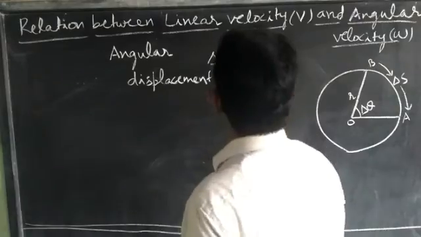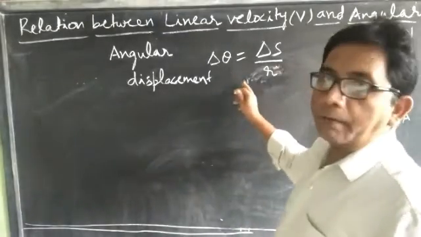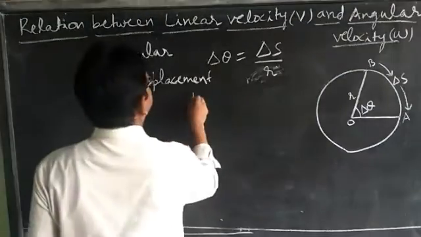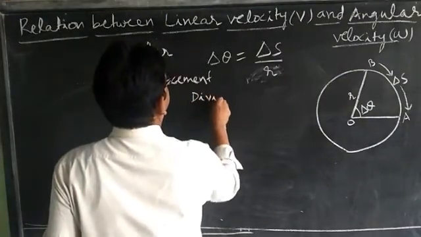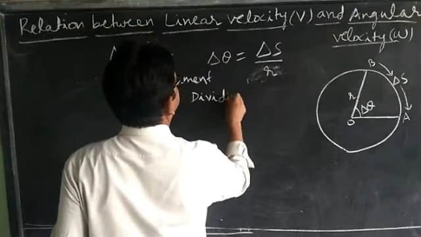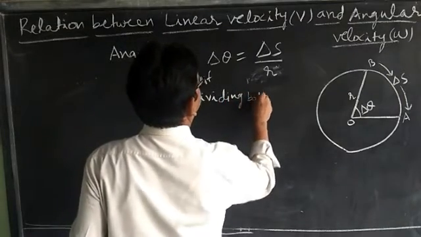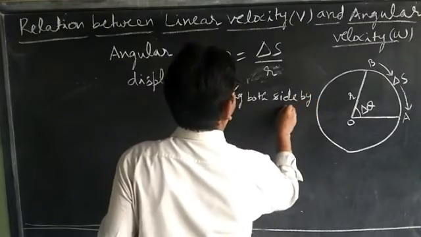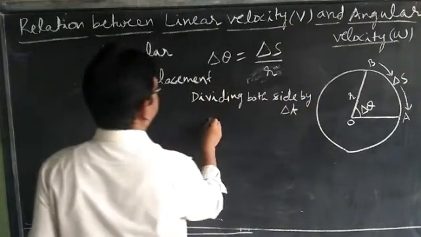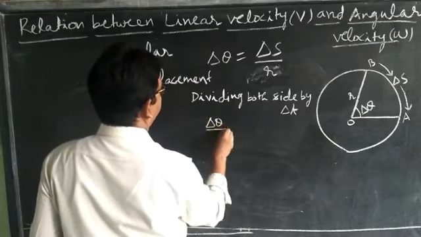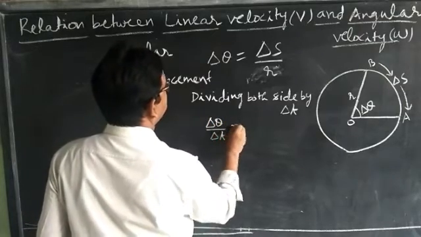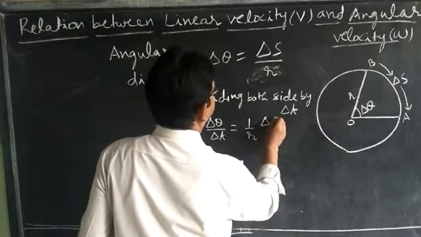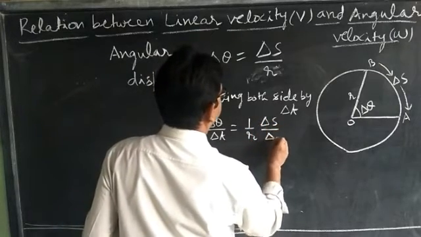Now dividing both sides by delta t, it becomes delta theta upon delta t is equal to 1 upon r times delta s upon delta t.